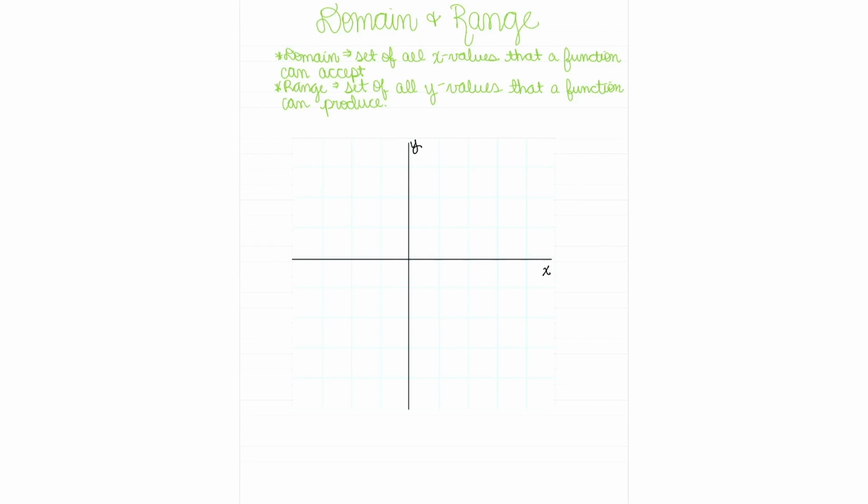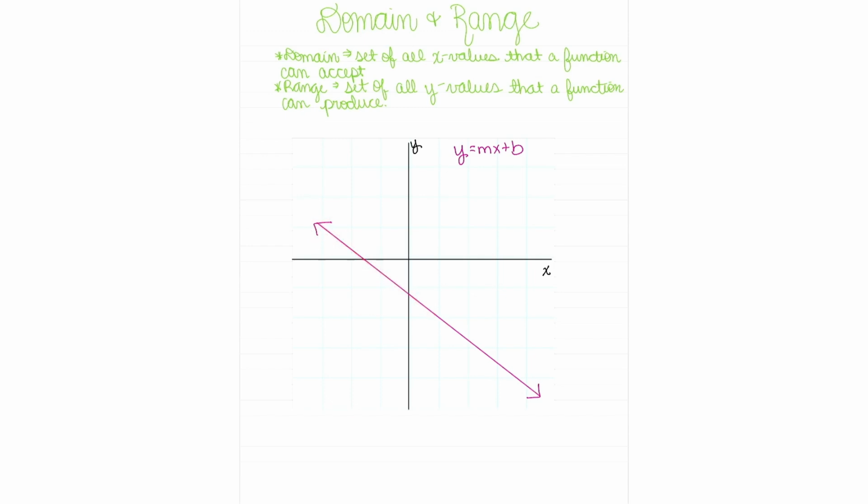A linear function is a function in the format of y equals mx plus b. In other words, it's just going to be a straight line. Now, what's really happening here is that we are looking for all of the possible x values of this function. We can examine this by starting from the middle and going left.